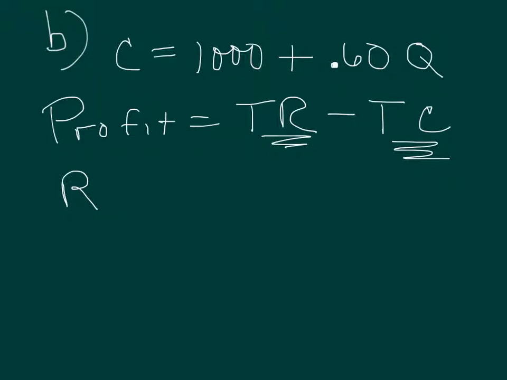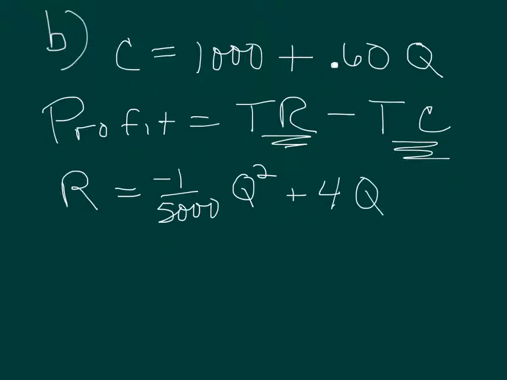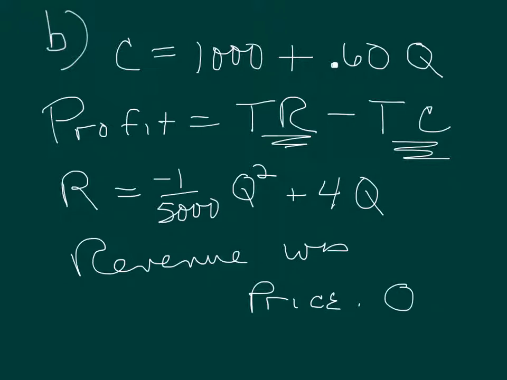So revenue, as we found in the previous example, you can express it as negative 1 over 5,000 Q squared plus 4Q. Because remember, our revenue was price times quantity.